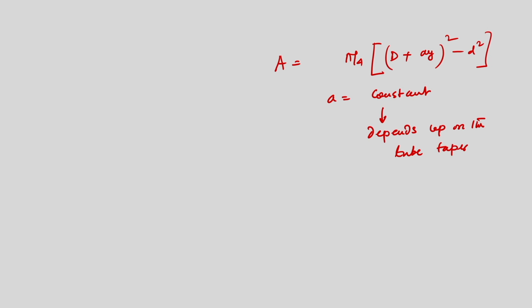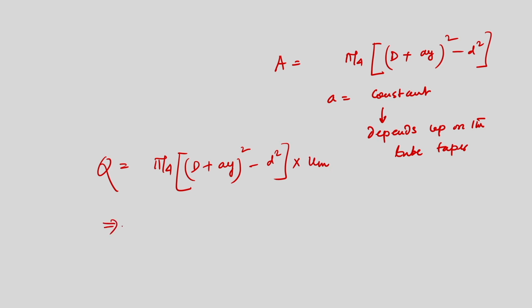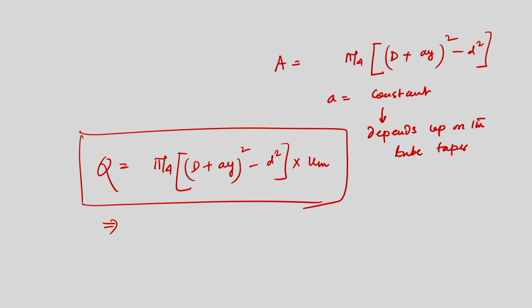So, the flow rate Q is equal to pi by 4 times (d plus aY) squared minus d squared, into um, and from there we can calculate the flow rate.